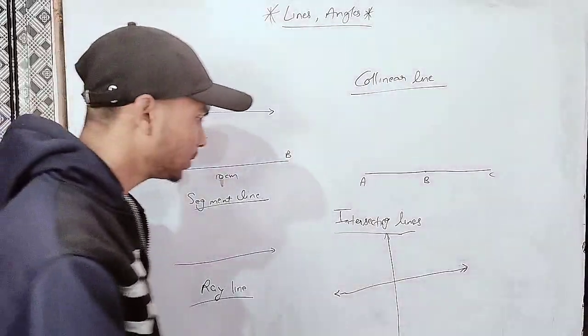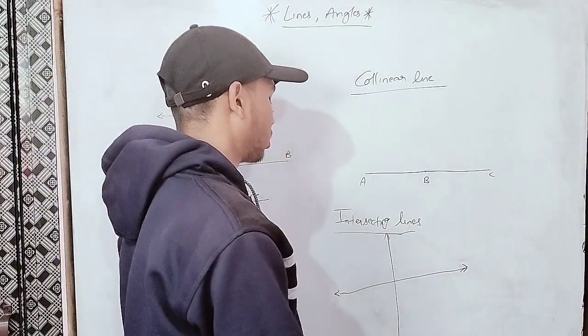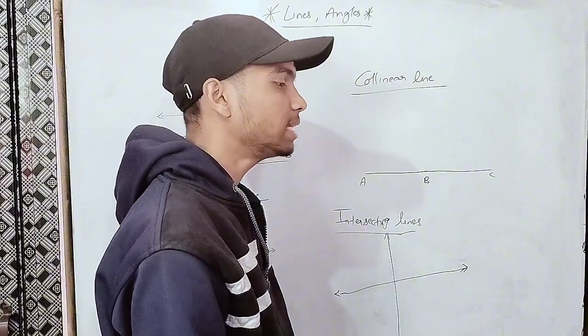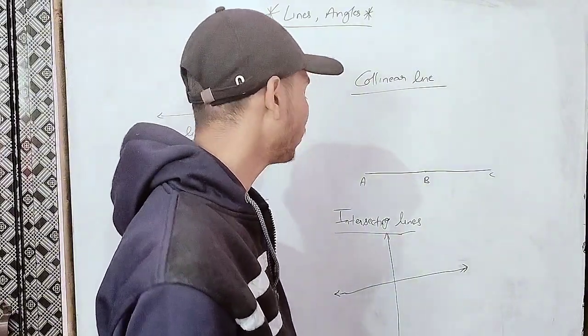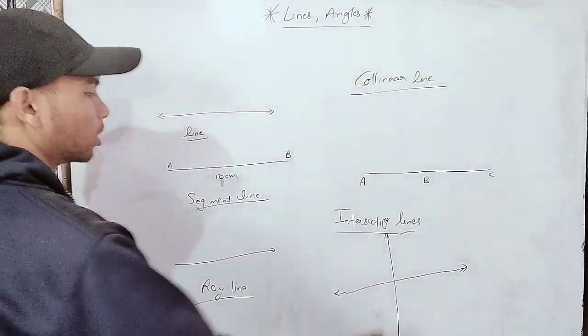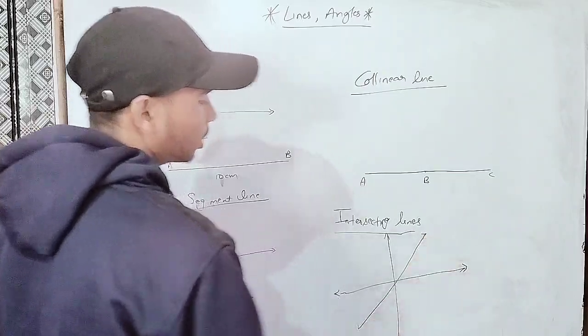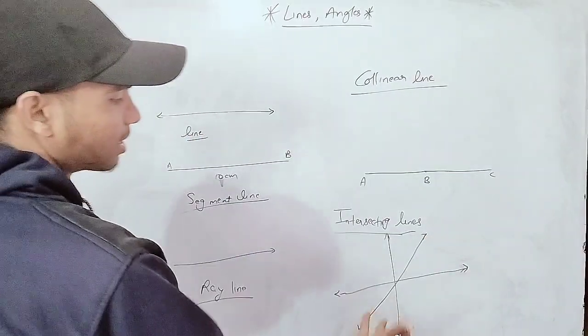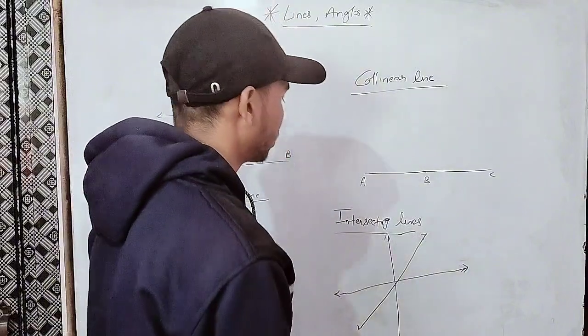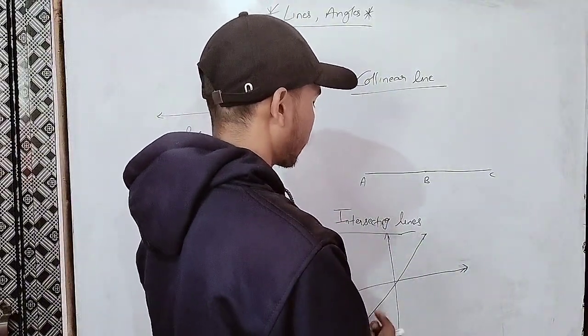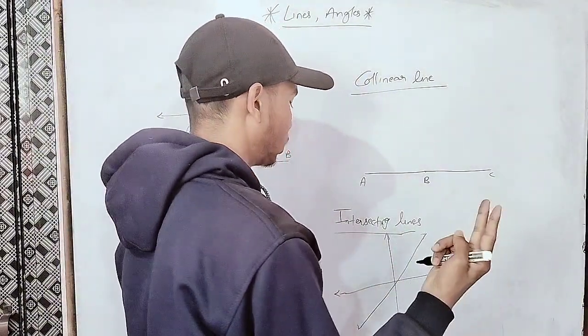So here I said that you have two lines. The condition is you should have two or more. Let's suppose I have three. Of course the third line is also intersecting the two lines.